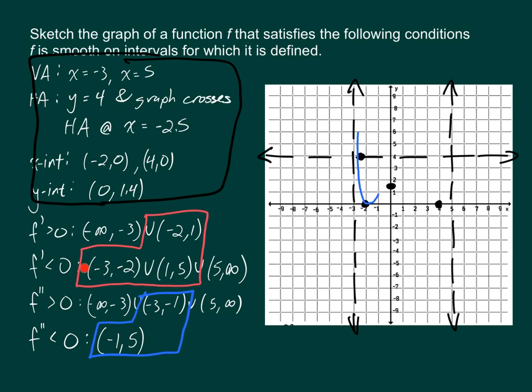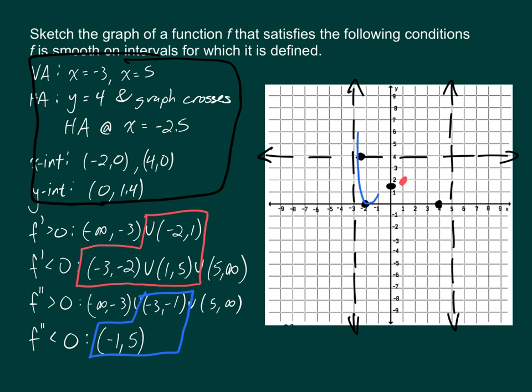First derivative says decrease between negative 3 and negative 2, check. And between negative 2 and 1, we have to increase. So as long as we can keep increasing until we get over here somewhere at 1, I'm going to plot a point, maybe that point right there. It doesn't matter where we increase to. We don't have an actual y value for our maximum. We're going to have a maximum here.